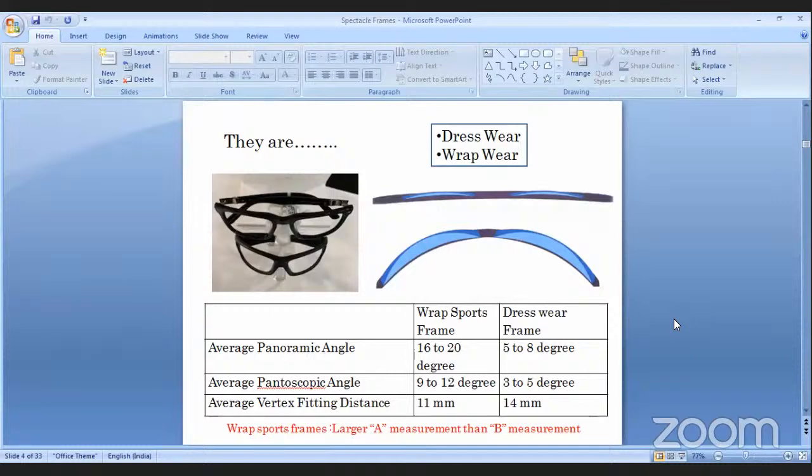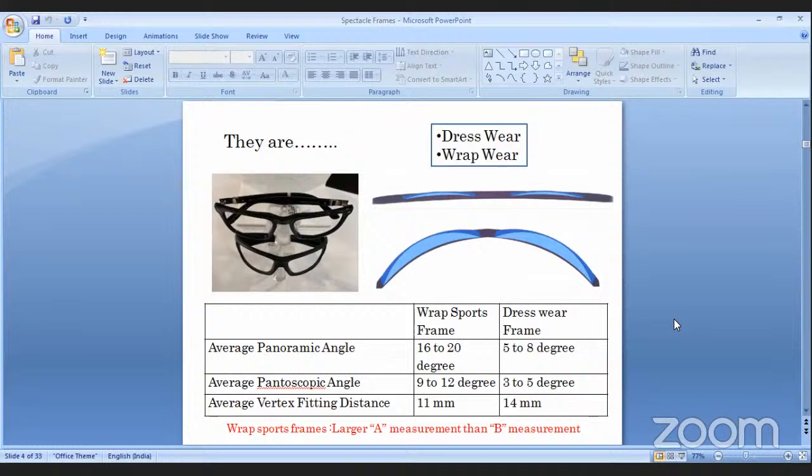You can see in this figure, the top figure shows the dress wear spectacle frames, and the bottom figure shows the wrap spectacle frames. Dress wear spectacle frames are mostly used for spectacle lenses, and wrap wear spectacle frames are mostly used for sports sunglasses.